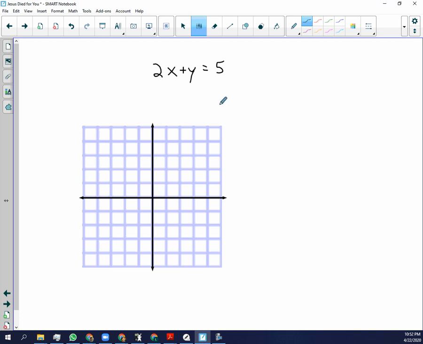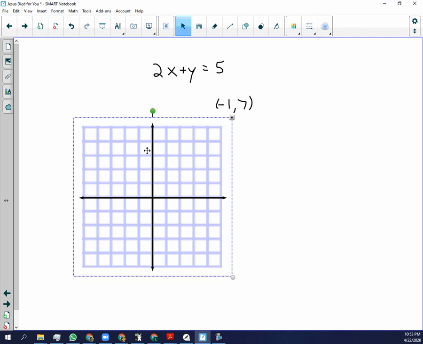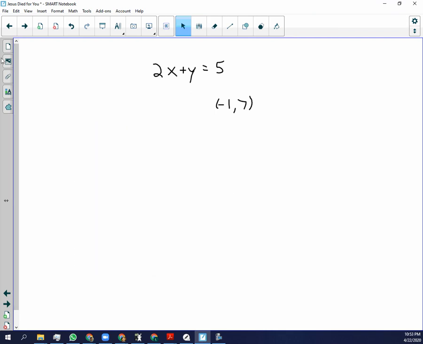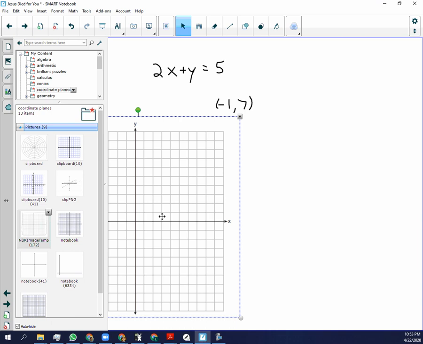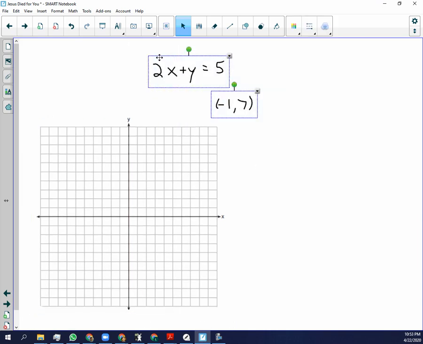Okay. One solution would be x equals 1, y equals 3. But I'm going to find one where x is negative. X is negative 1, and y would have to be 7. Let me pull out that coordinate plane that goes up to 10 for x and y.